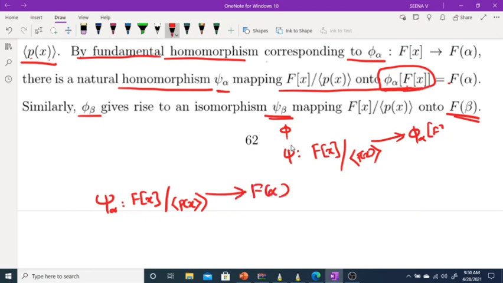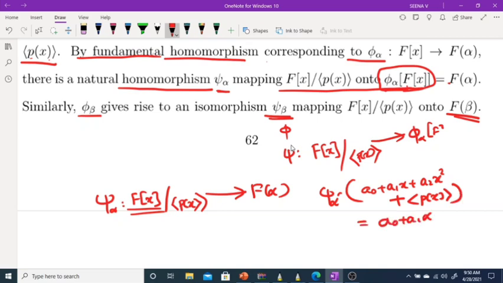We are defining psi alpha of an element of F[x], some polynomial a naught plus a1 x plus a2 x square, suppose I am writing of degree 2, plus the ideal generated by p of x, equal to a naught plus a1 alpha plus a2 alpha square. You can look at this theorem and use the part from Kronecker's theorem. You can get that x plus the ideal generated by p of x goes to alpha.